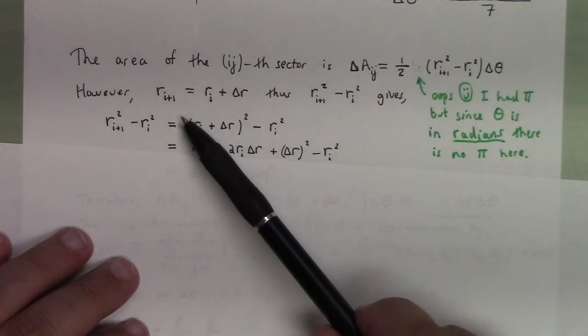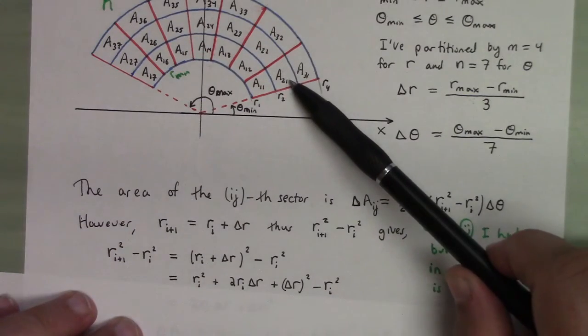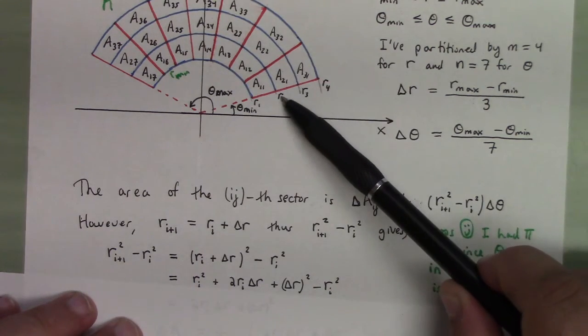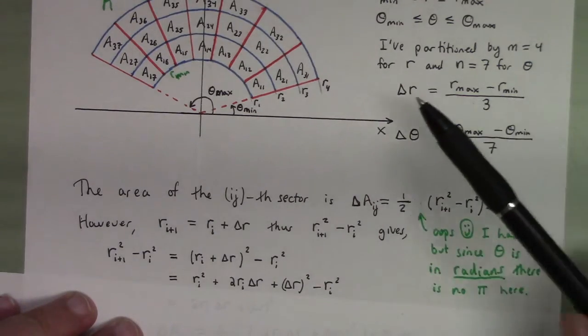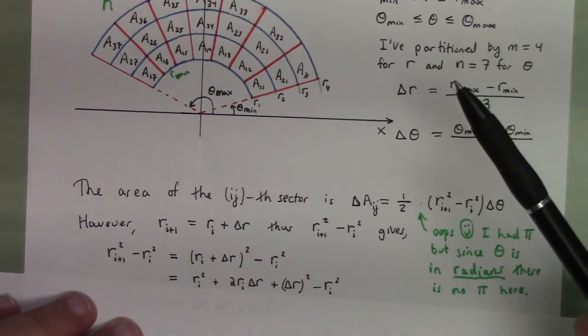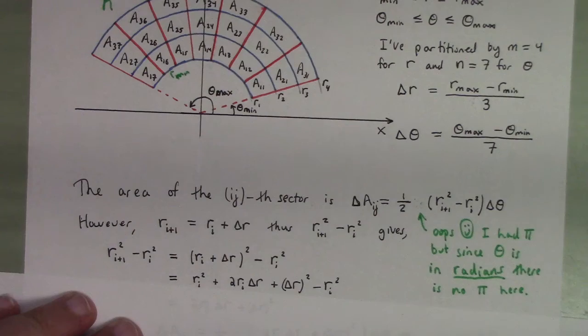You could see that here: the area of the 2/1 sector would be 1/2 R3 squared minus R2 squared times delta theta. That's the formula for the area of a sector, which you can see from taking the difference of the area of the larger wedge versus the smaller wedge.